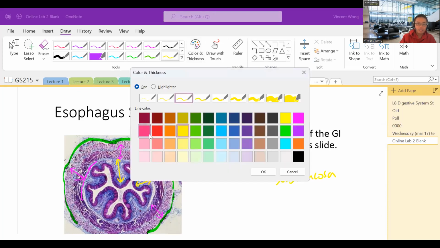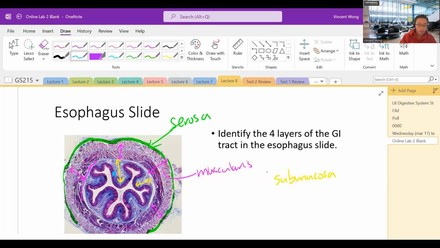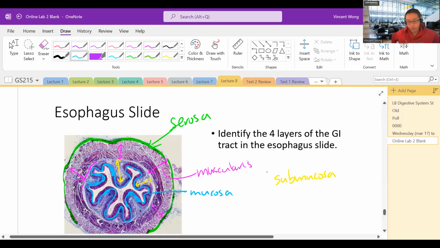And finally, the mucosa is just the innermost layer. It's staining dark purple here, right? It goes all the way around. That's the mucosa. And you can always find these 4 layers when you look at the GI tract.